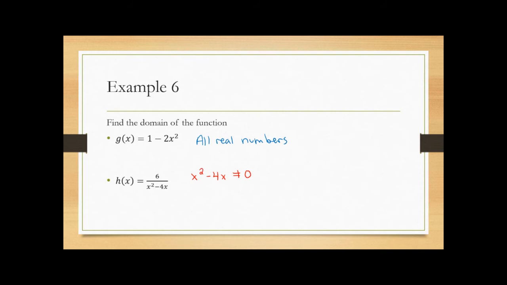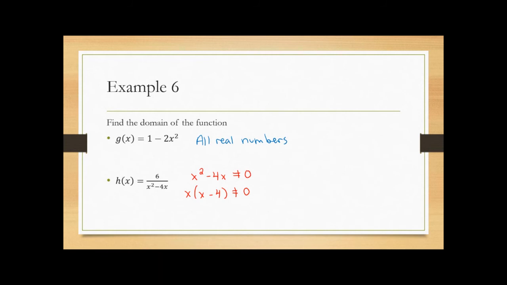I want to find what values make this 0, and I can treat it the same as solving a quadratic equation equal to 0, just with the not equal. It's the same sort of steps. I have a quadratic, so I want to factor. Because I have an x squared and an x, I can factor out an x, which gives me x times x minus 4. So that can't give me 0.